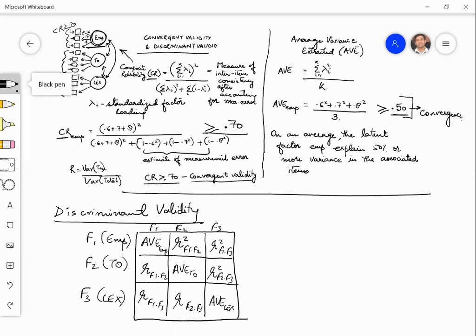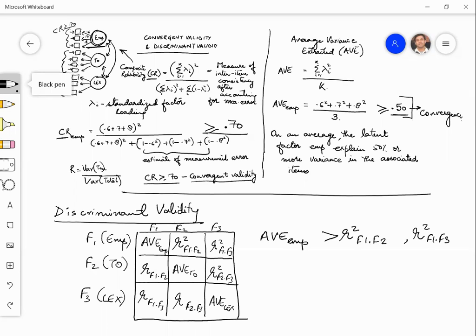Now, in order to prove that EMP, TO, and LEX are actually distinct or discriminant from each other, you need to show that there will be three conditions for each of these factors. So AVE of EMP should be greater than R square of EMP with TO and R square of EMP with LEX.